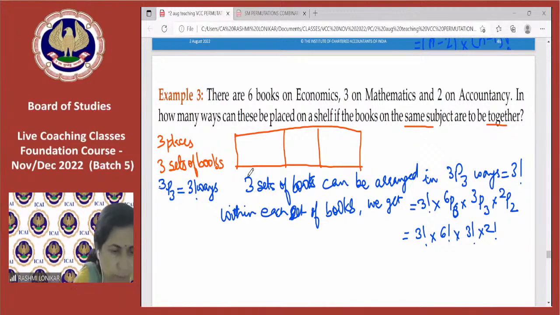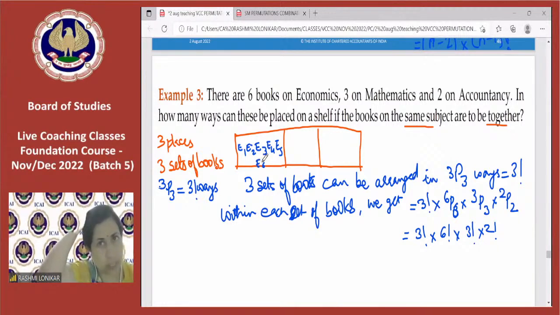So if I place over here economics books, I will have E1, E2, E3, E4, E5 and E6. These can be arranged anyhow. So 6 books, 6 places, that is 6p6. Suppose I have accountancy here. So I will have A1, A2, or what is the other option?